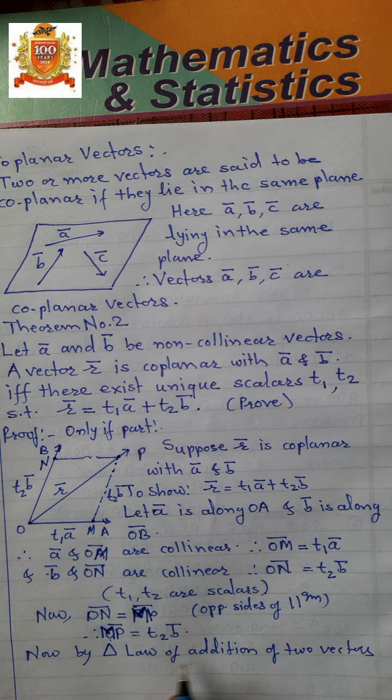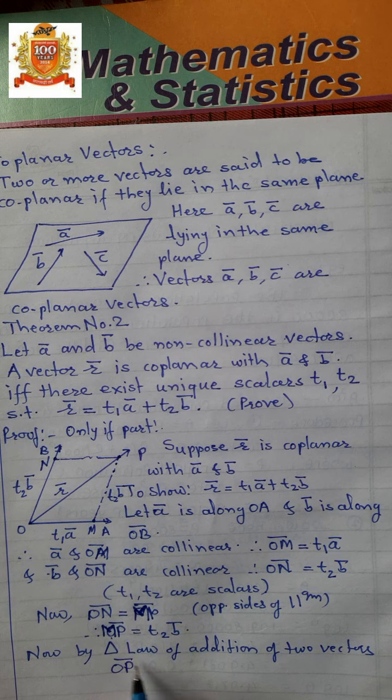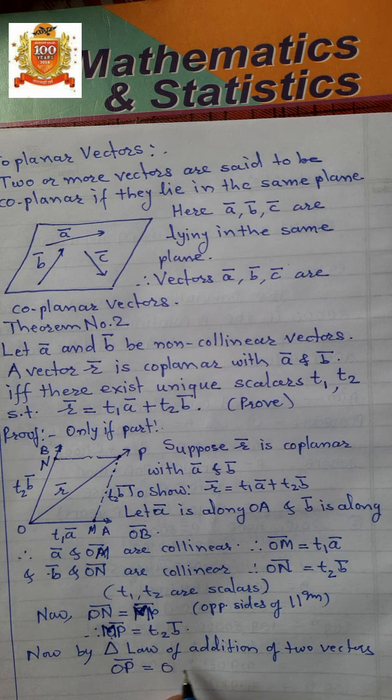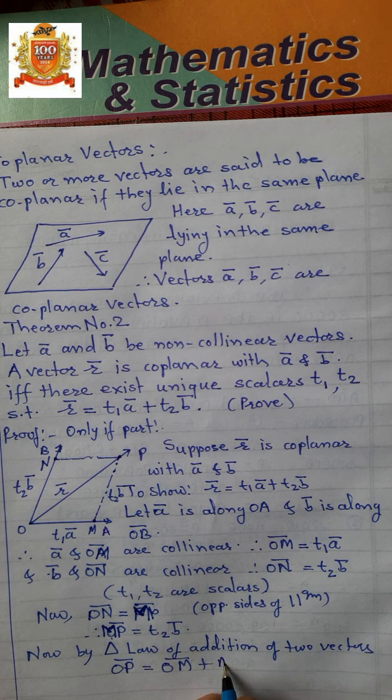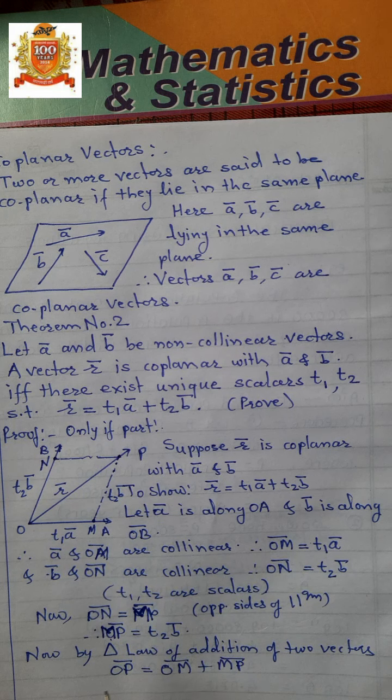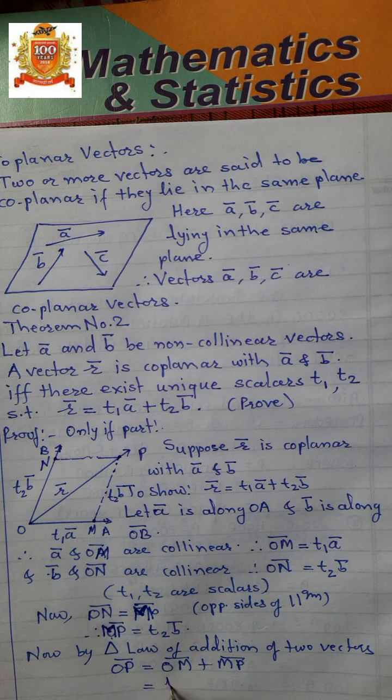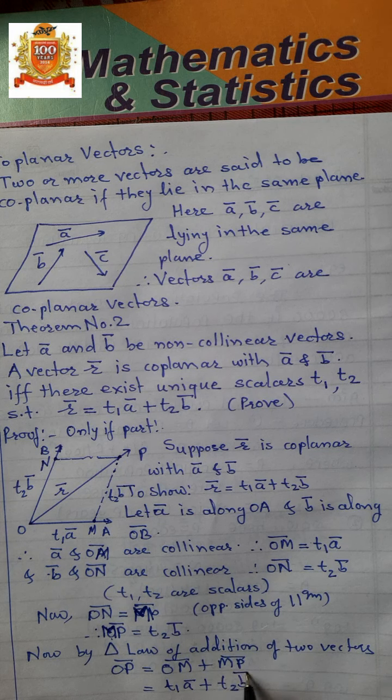Now, by triangle law of addition of vectors, OP bar is equal to OM bar plus MP bar, isn't it? Now, OM bar is T1 A bar plus MP bar is T2 B bar.